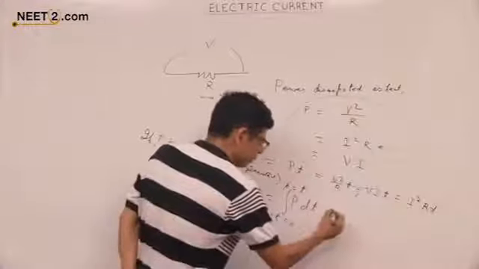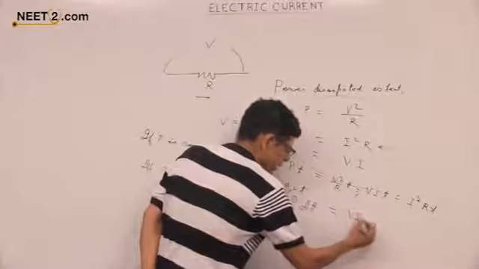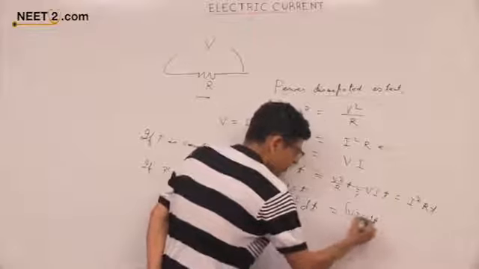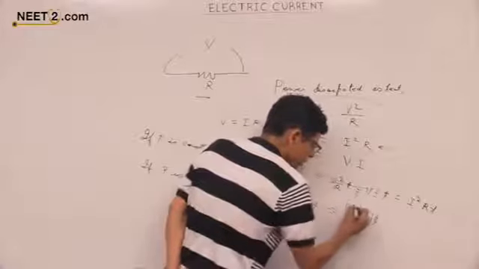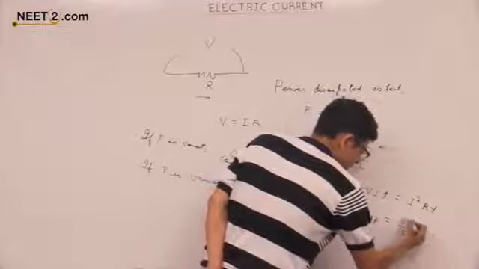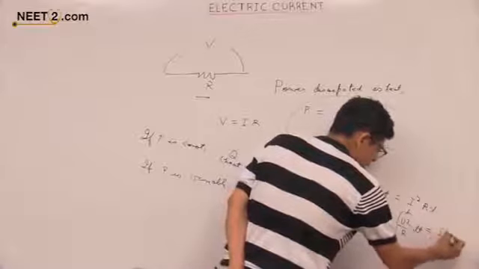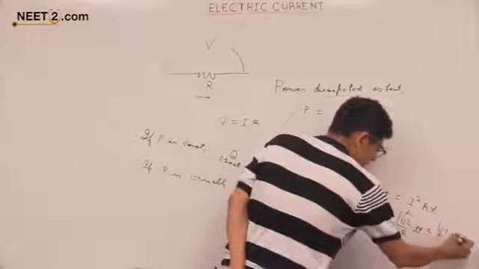Whereas here it would be given by the integral of VI dt from 0 to T, or V square by R dt from 0 to T, or I square R dt from 0 to T.